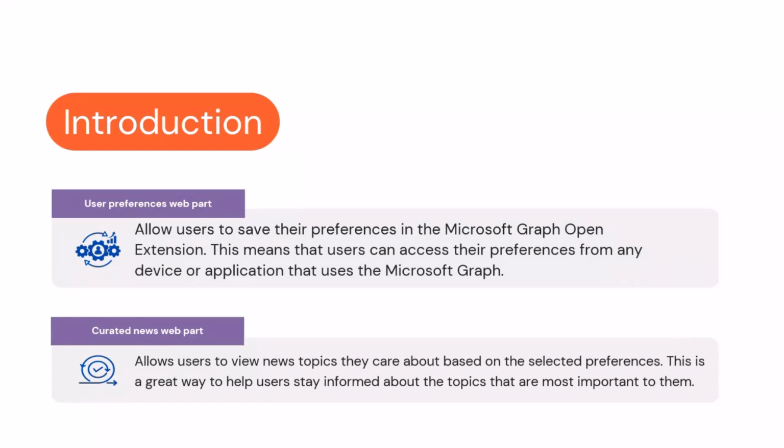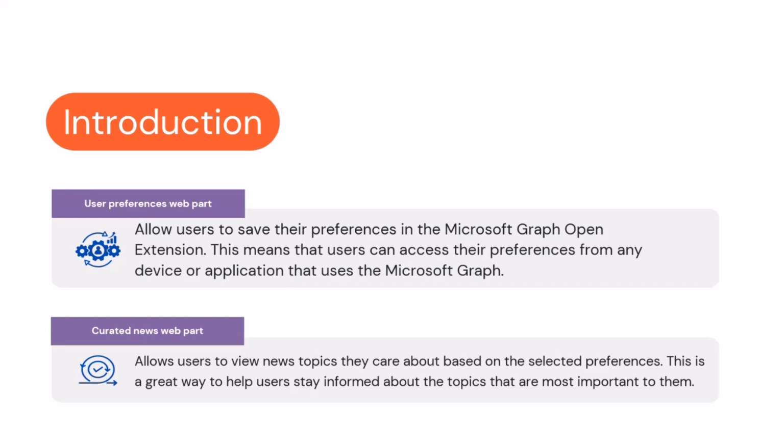You could use an SPFx extension or some other way of doing it, but the idea is that you need to give the user an option to change their preference. They might want to add more departments they want to get the news from, or they might want to remove a preference. So you want to give the user some sort of interface where they can update their preference in the Microsoft Graph Open extension. So that is one web part.